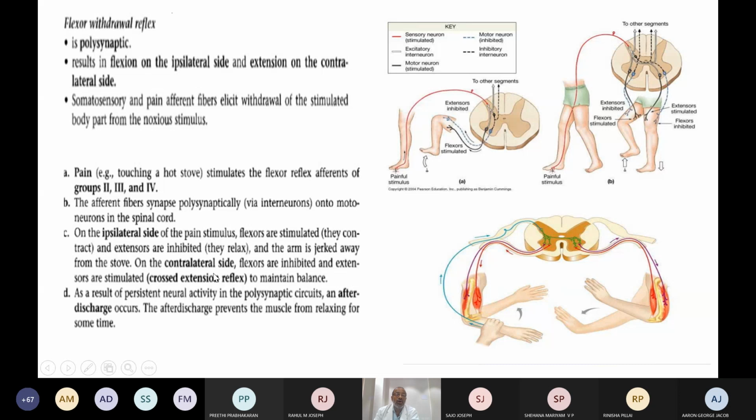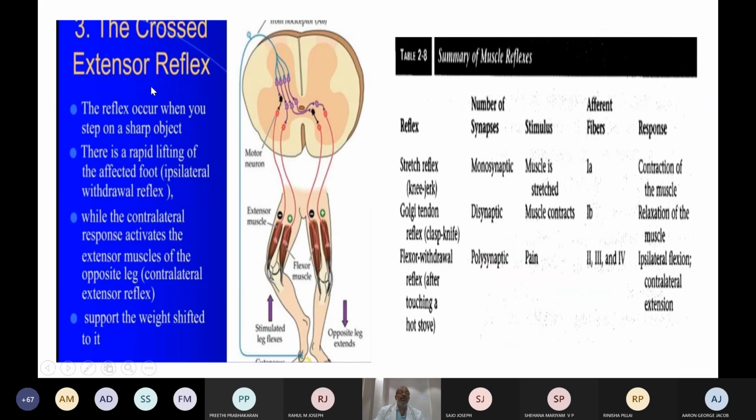This is called the cross extension reflex. Kindly refer to the textbook as well as the slides which will be shared with you. Understood? This is the cross extensor reflex.